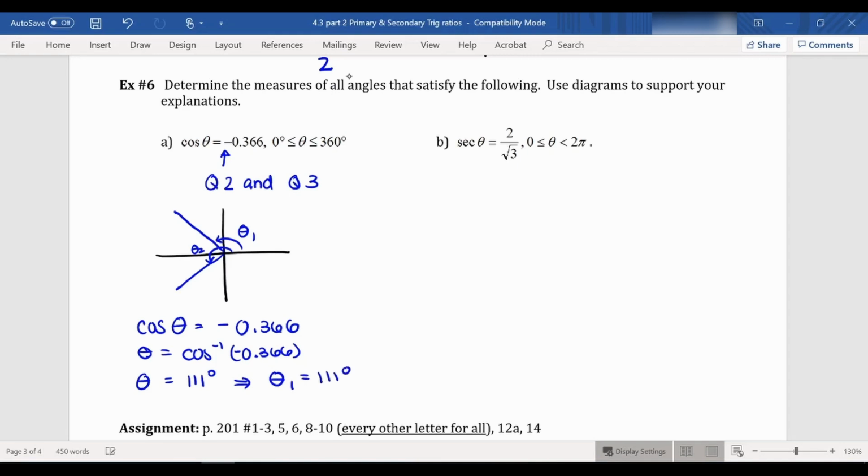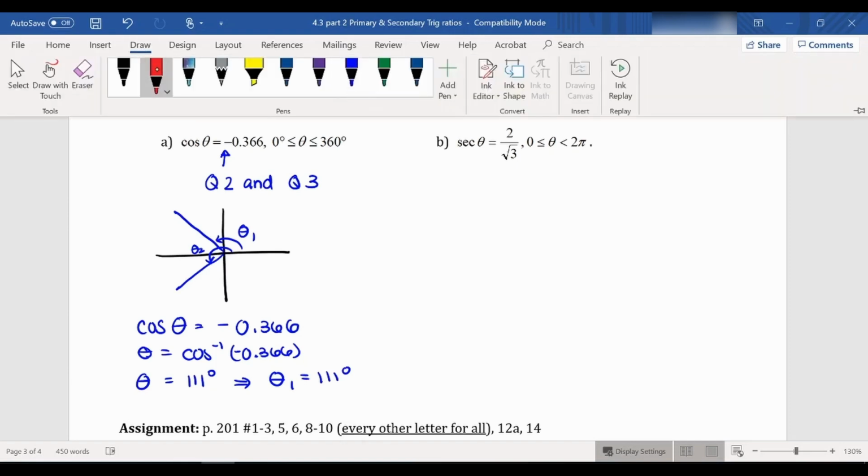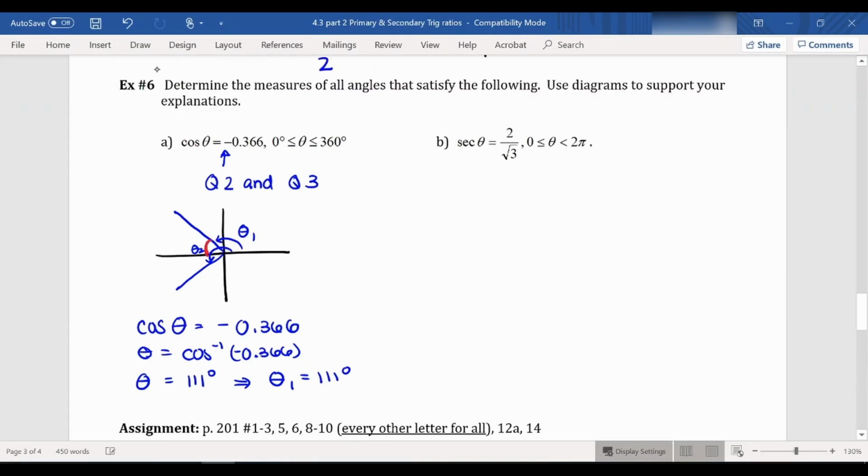So now the question is, how are we going to figure out what our other angle is? Well, if theta 1 is 111, we can use that to find our reference angle in here. So our reference angle would have to be 180 minus 111, which is 69 degrees.